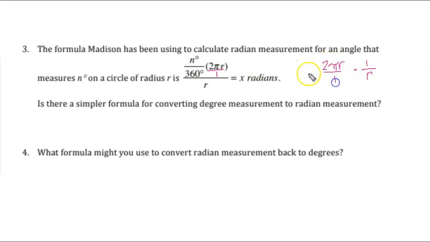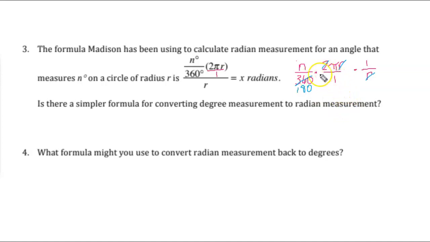So if we can get everything written as fractions, maybe we can see if we have anything that we can put together. For example, I notice pretty quickly that my r's will divide one another. r divided by r is just 1. So that's useful. I also notice that 2 and 360 can simplify. 2 is a common factor there, and so we can factor out the 2, and the 2's will divide and become 1.